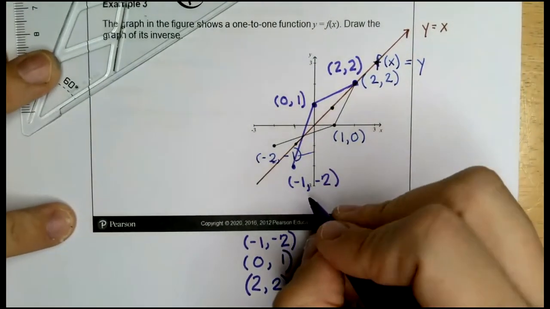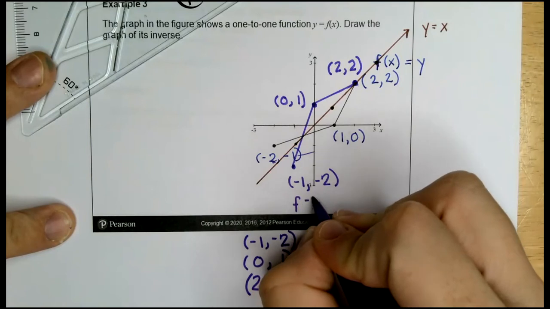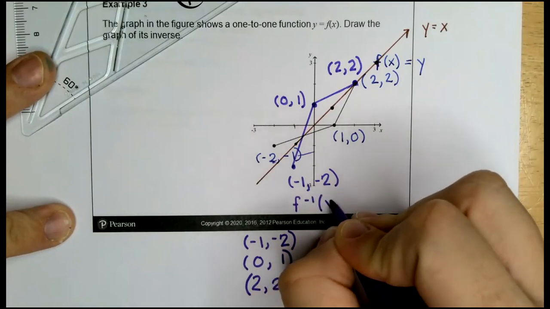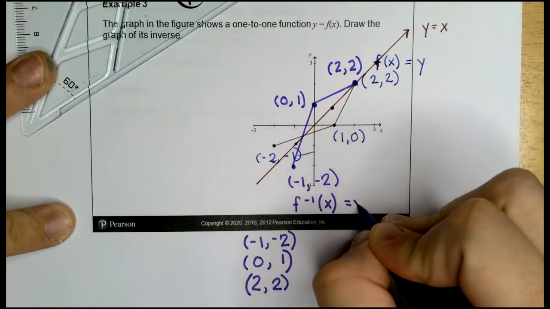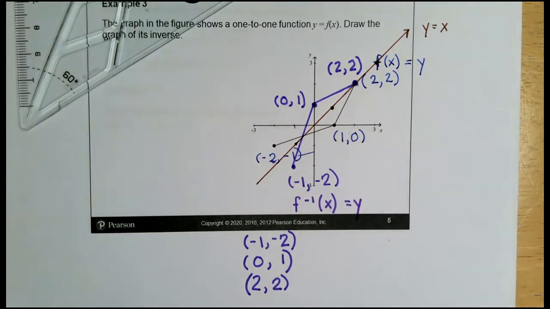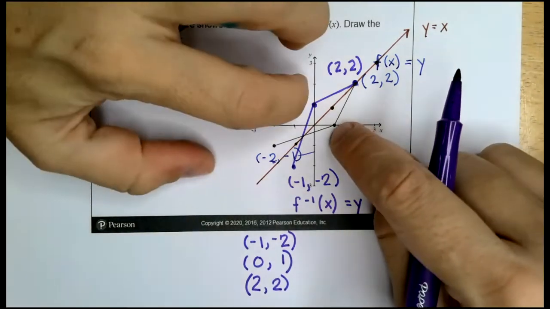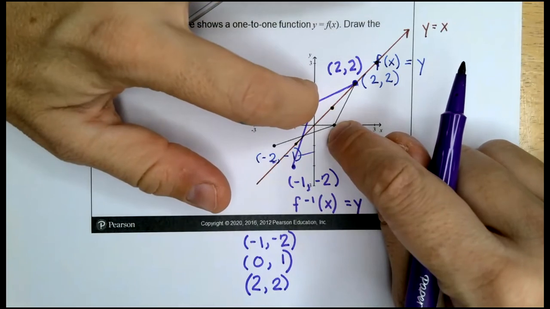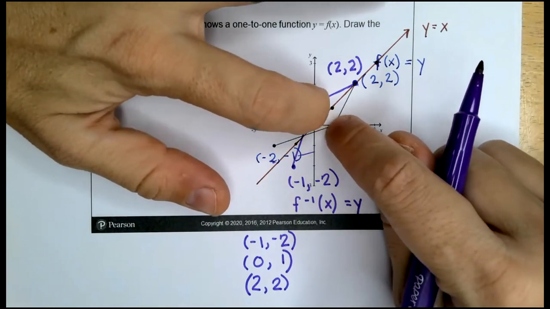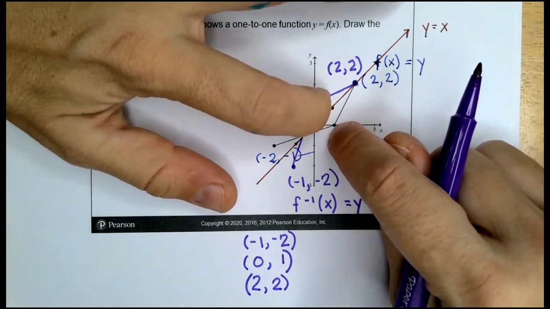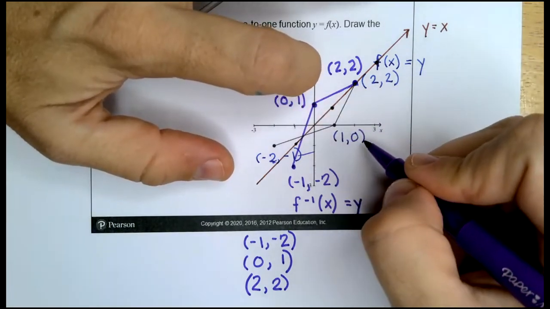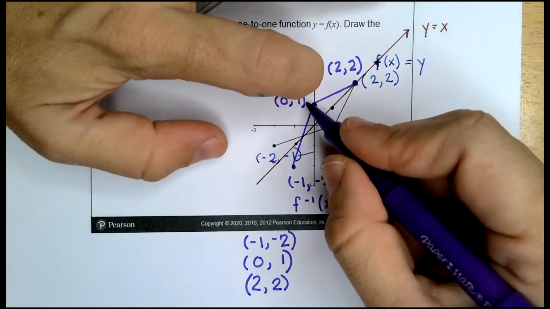And this was the line, the inverse of x. So we can tell that these are equidistant apart. The line y equals x to (1, 0), and the line y equals x to (0, 1).